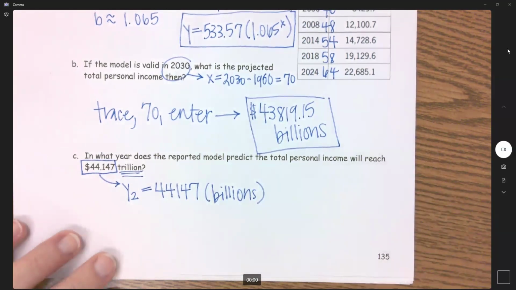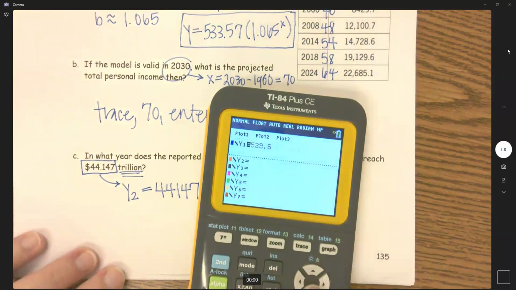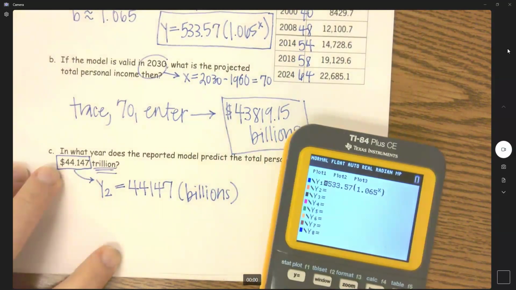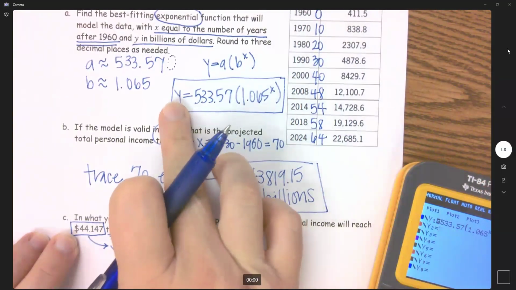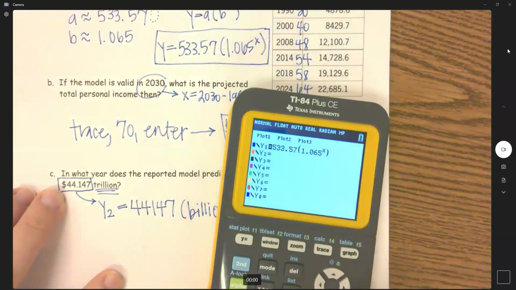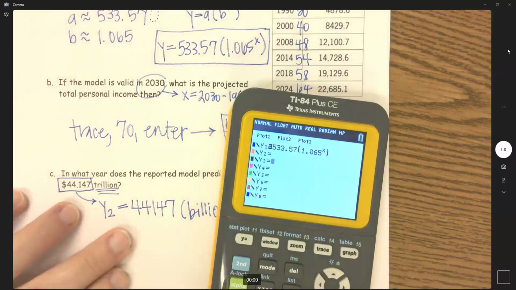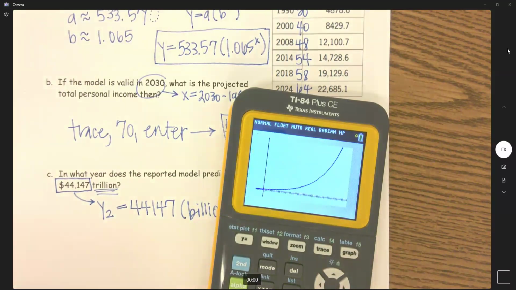So in my Y2, I am putting what this equals because they're talking about that Y. What I'm doing is I'm putting it in place of this Y right here. So putting our number in, hit graph. We need to be able to see this intersection here.